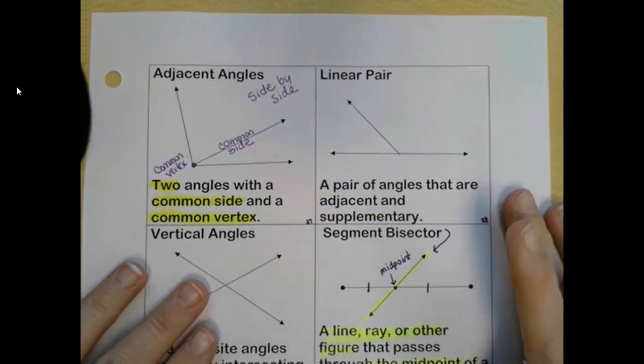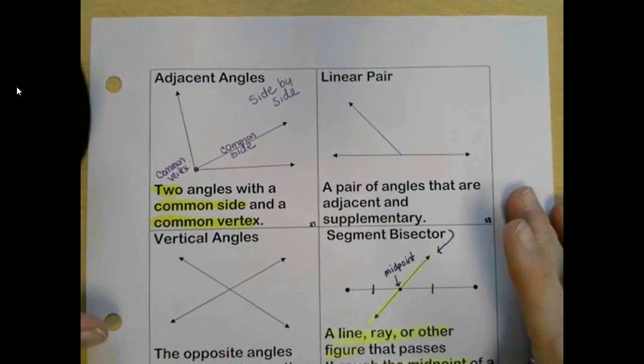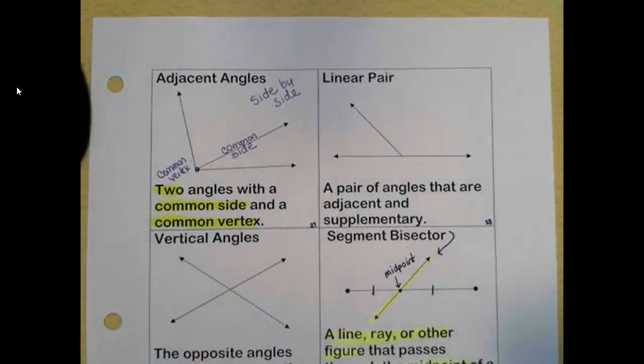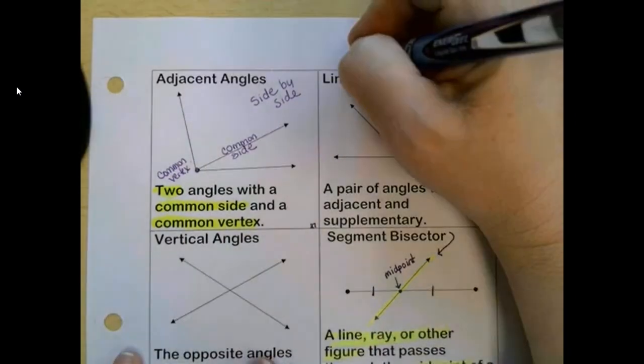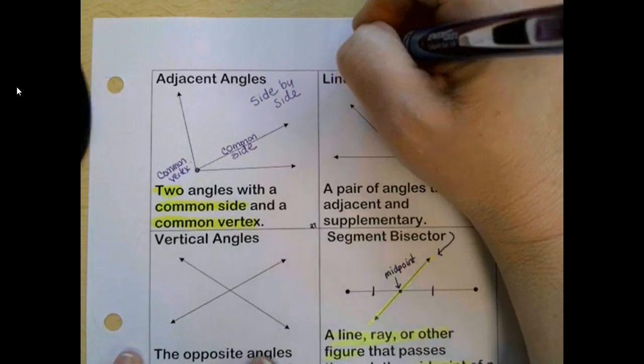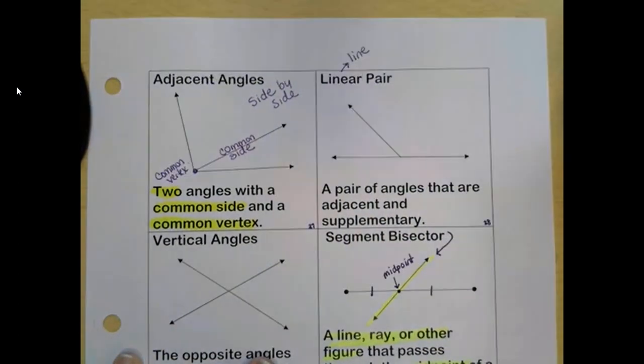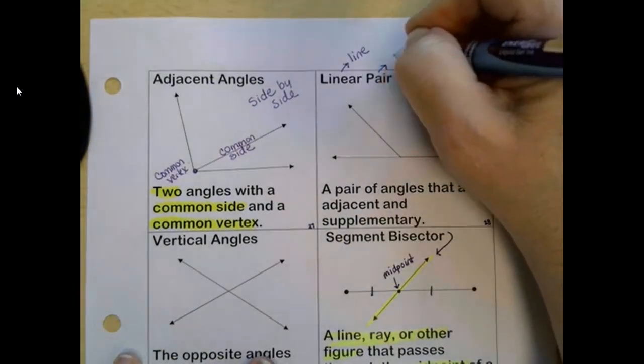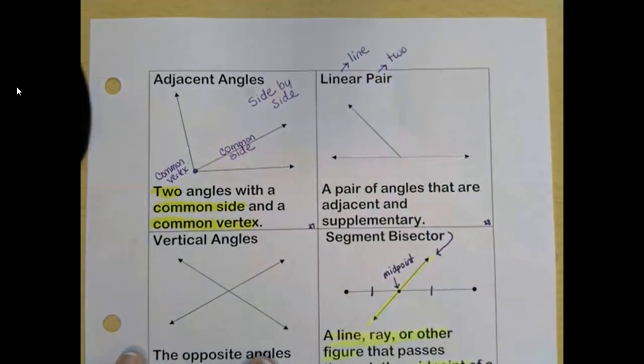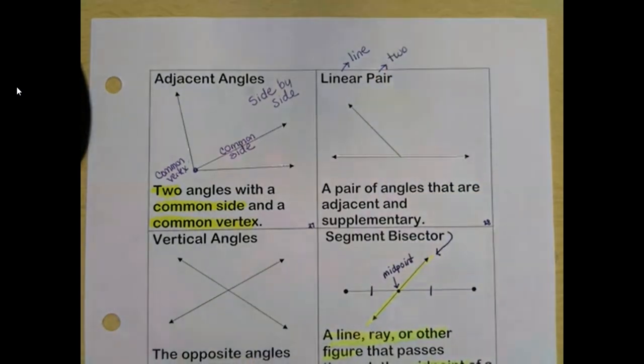All right, linear pair. The most commonly used vocab word, I think, is linear pair, because we will use it forever in geometry. Linear means line, and pair means that we have two angles. So a linear pair are two angles that form a straight line.